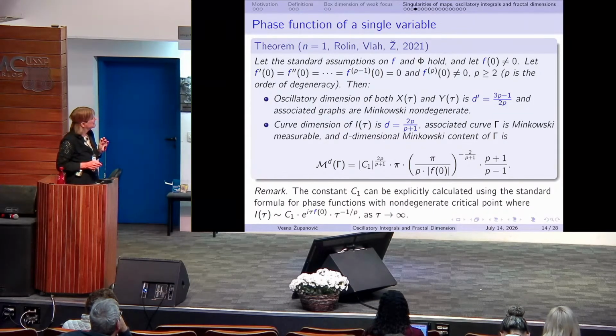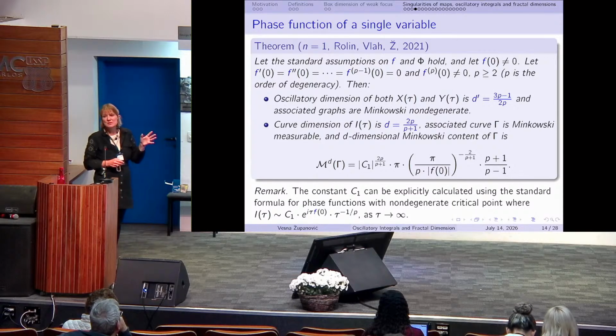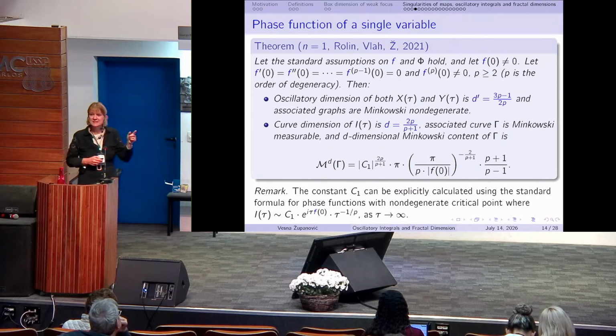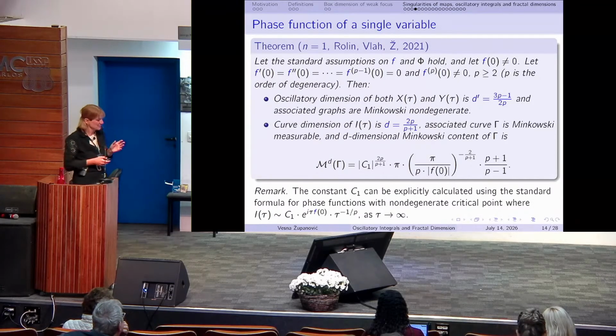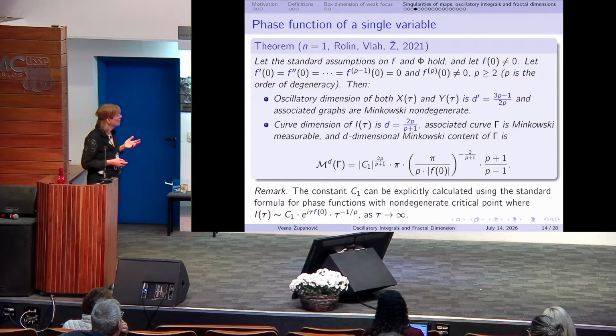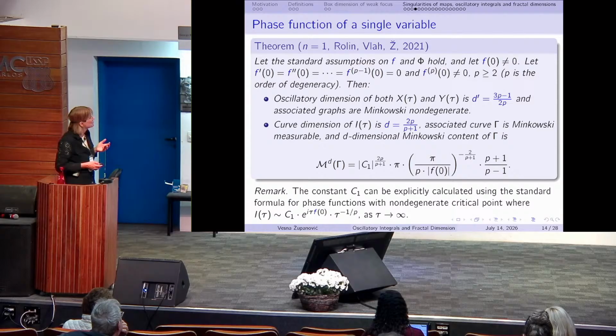So this is our Minkowski content, which will be, I would say, more interesting in higher dimensional cases, because then the dimension is trivial, but the Minkowski content goes to infinity to show you that you have not just a rectifiable curve, but something much more complicated.